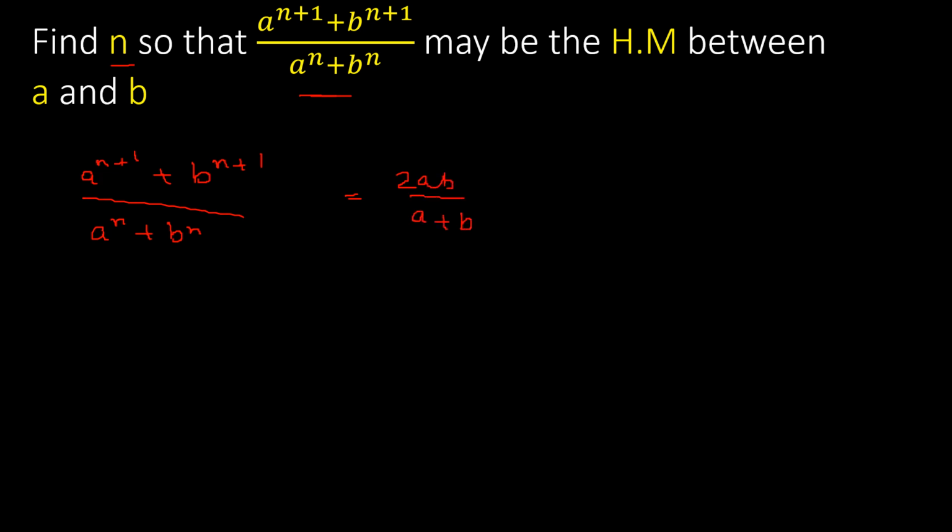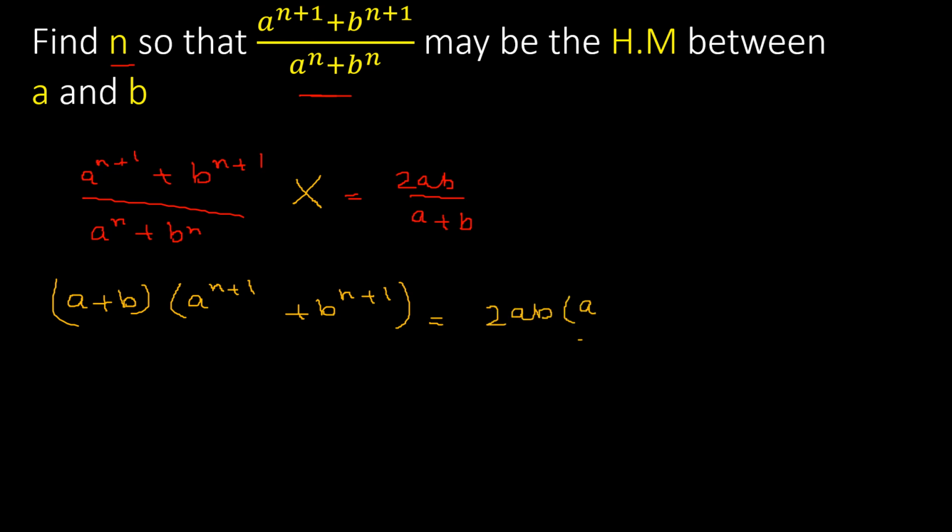Okay, so now by cross multiplication, we get (a plus b) into (a raised to power n plus 1 plus b raised to power n plus 1) equals 2ab into (a raised to power n plus b raised to power n).